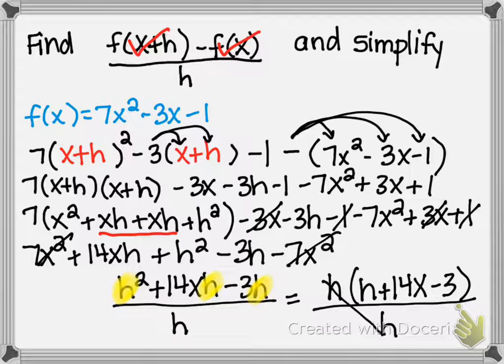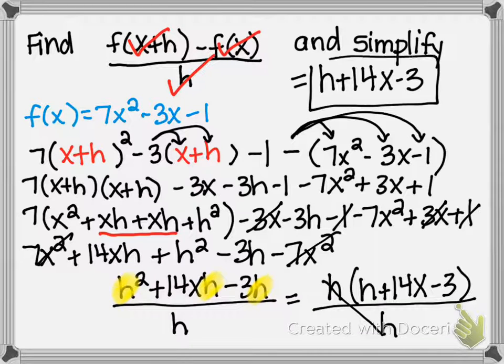Those cancel. So I've done the divided by h now, and I should have my final piece as h plus 14x minus 3 as my simplified answer. So yes, it does take a little bit of algebraic multiplication and algebraic simplification, but you guys got this.